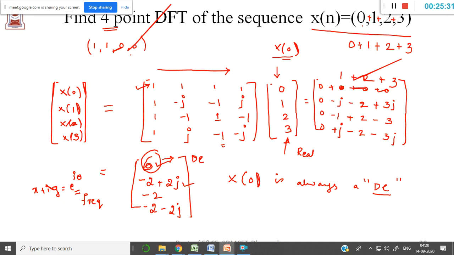If you remember, the very first example we solved, and observe there the X of 0 was 1 plus 1, which was 2. You take any value, I'll give you one more example, and even there you cross verify. The first term is always a DC component, and hence it is also the sum of your input sequence.